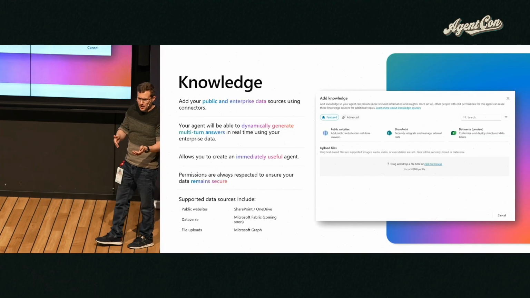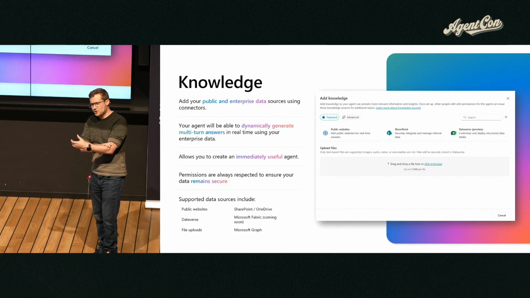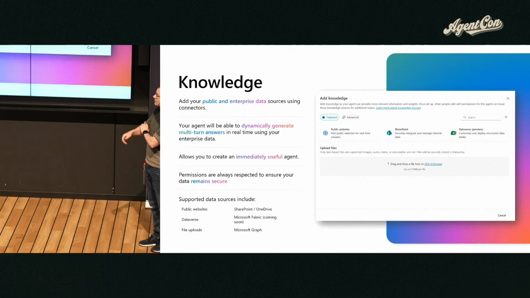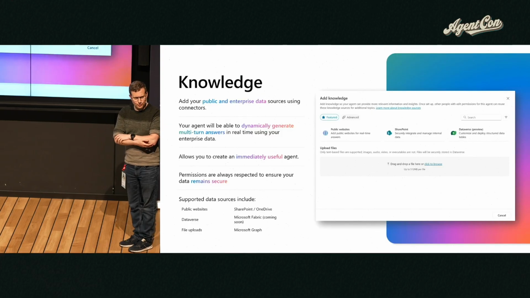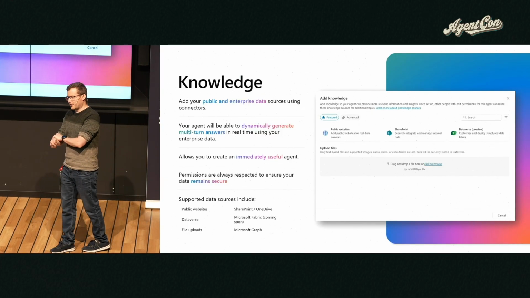So what you can do is add knowledge. If you add knowledge, you add a connection to a specific knowledge source. You see here that we have public websites, we have SharePoint, we have Dataverse. I can connect to those data sources and then have that AI agent reason over that data and try to provide me with an answer.